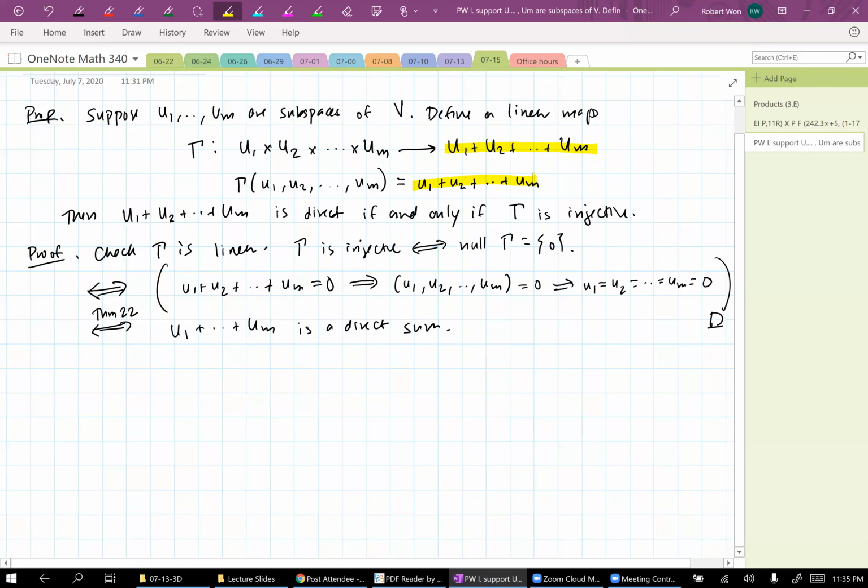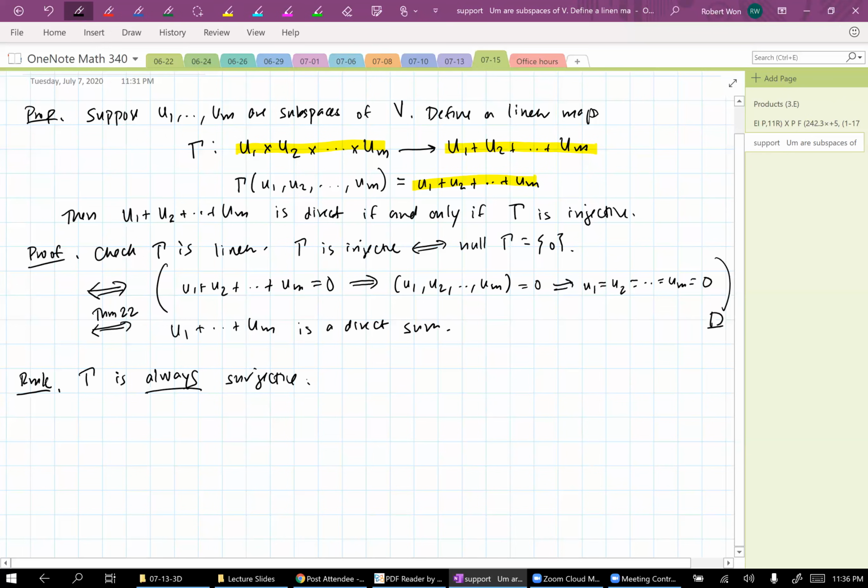But of course, this map comes from the entire product, which means you are allowed to take anything from u1 and anything from u2 and map it over. So this map gamma is always surjective. You always get a surjective map from the product to the sum.